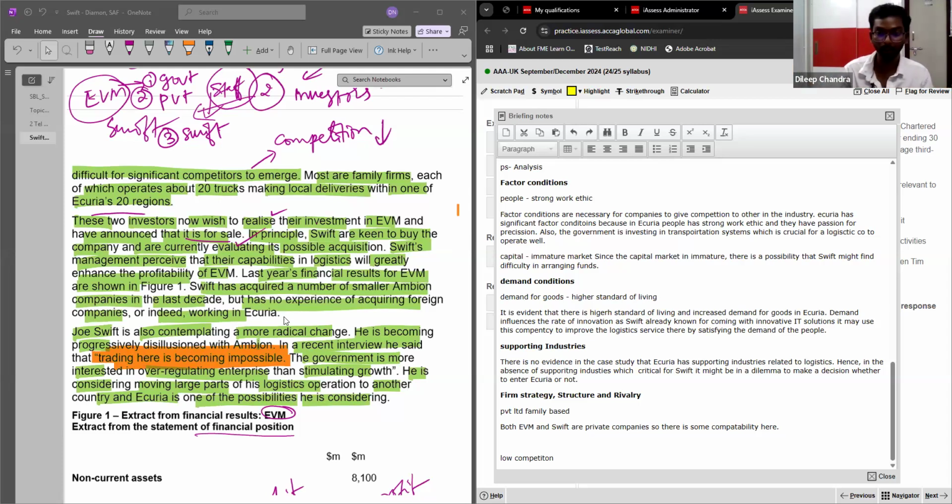So I'll say lower competition. I'll say the nature of capital markets is such that it is difficult to raise finance in equity.